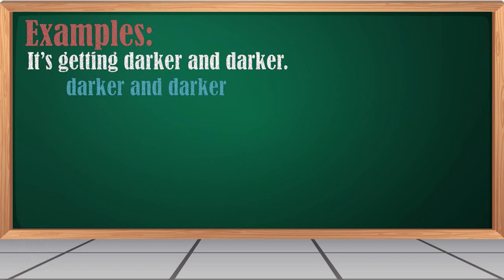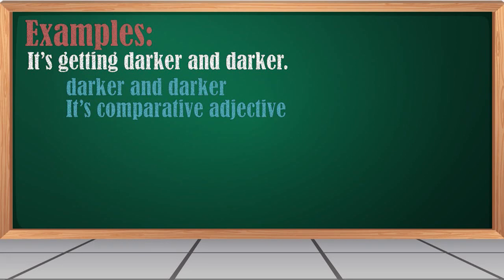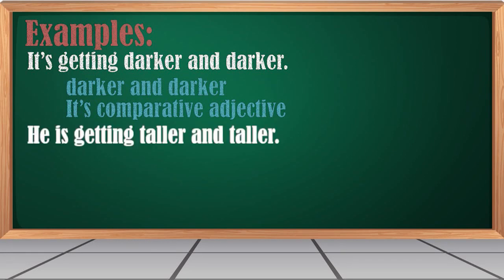So the form of the adjective is comparative adjective, darker and darker. Another example, he is getting taller and taller. Taller and taller is an emphasis because it shows strong and quick change.